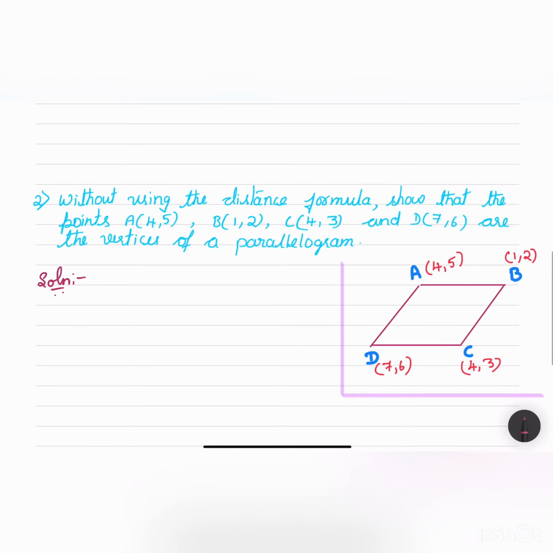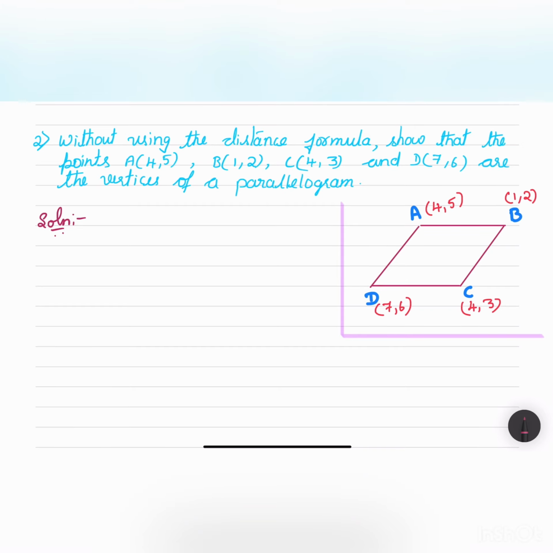Let us go for the second one. Without using distance formula, show that points A (4, 5), B (1, 2), C (4, 3), D (7, 6) are the vertices of a parallelogram. When we are saying that these are the vertices of a parallelogram, then it should be like this: AB should be parallel to DC and AD is parallel to BC.